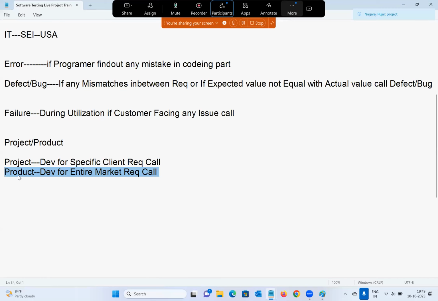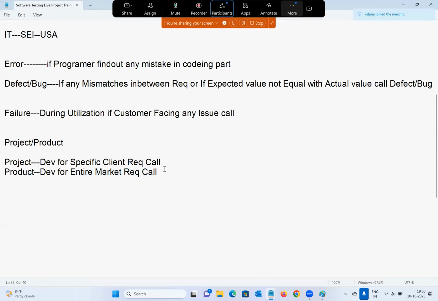So what is developed for a specific client requirement is called a project, and what is developed for the entire market requirement is called a product. Guys, for festivals, mother prepares some sweets at home as per our requirement, which is called a project.